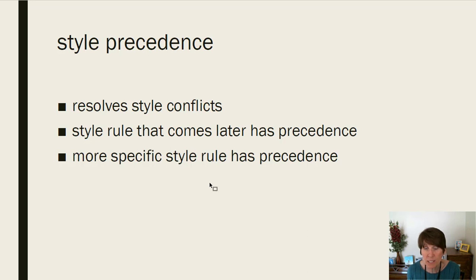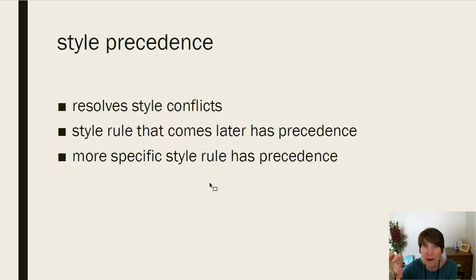Another way that it gets precedence is the more specific style rule has precedence. For example, if you're putting a style property on the entire body, that's not very specific. But if you put it on a paragraph, that's more specific. So if you have set the color on the body and set the color on paragraph and they're different, that's a conflict for the paragraph.